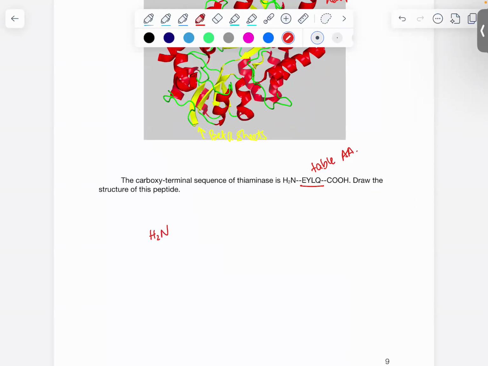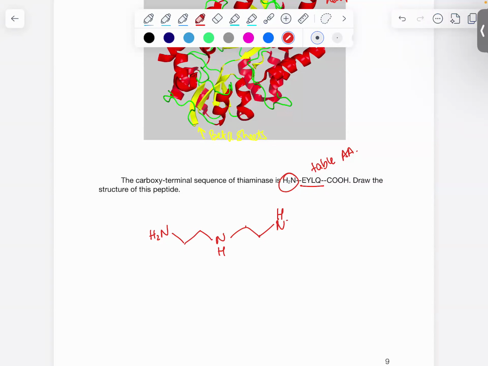They will always start with this amine terminus. And then you have 2 carbons and another amine. 2 carbons. Oh, that's 3 carbons. And another amine. And we have 4 here.